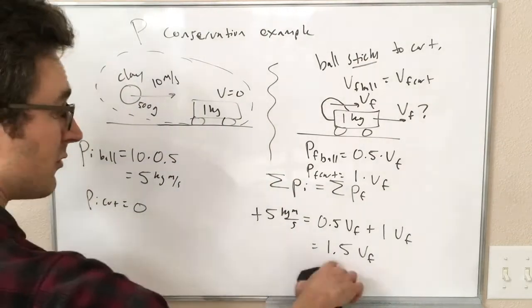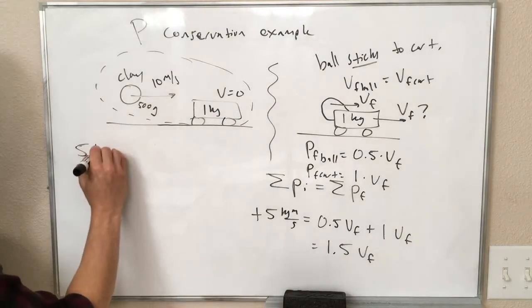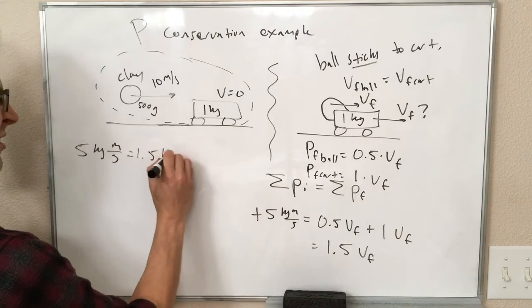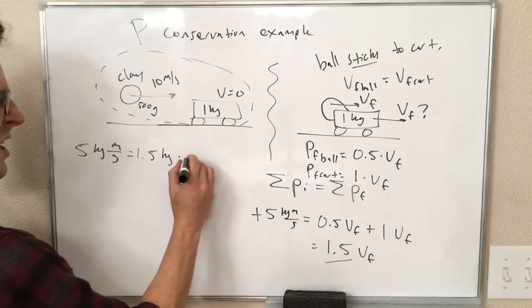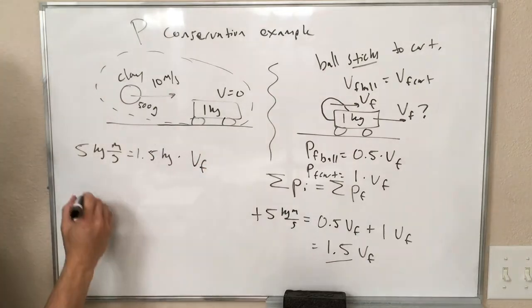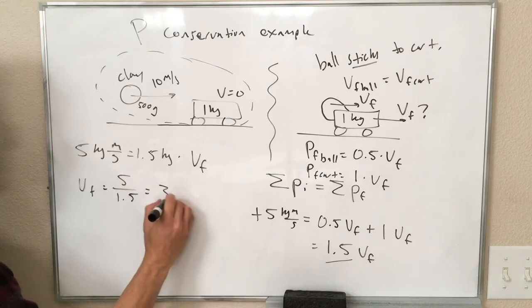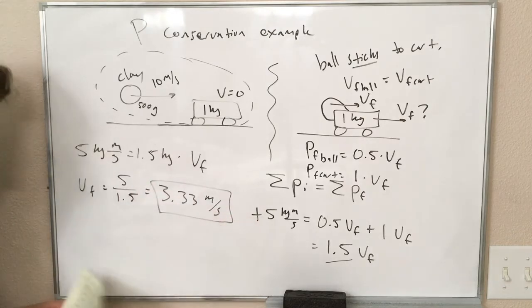Solving for v final now, we have 5 kilogram meters per second equals 1.5 kilograms, this is my total mass there, times v final. So v final is equal to 5 over 1.5, which is equal to 3.33 meters per second.